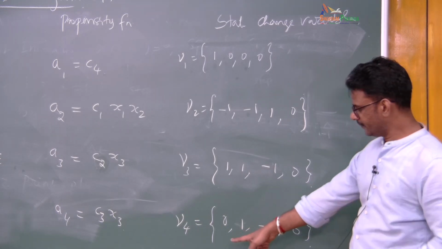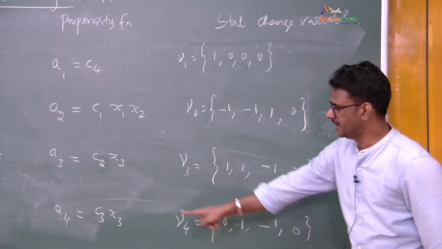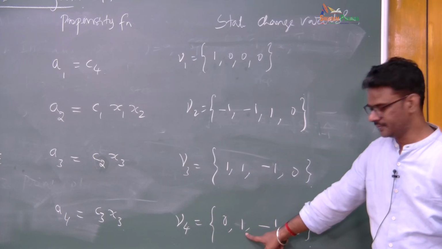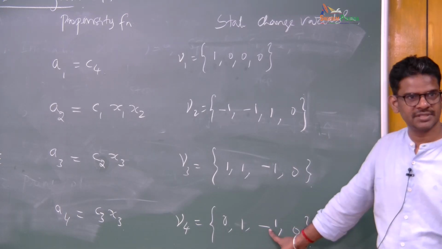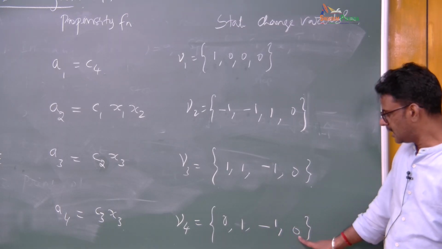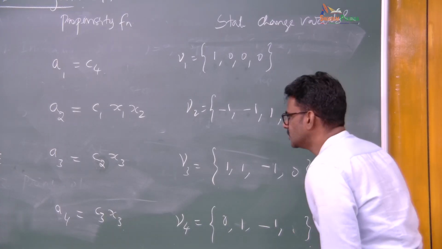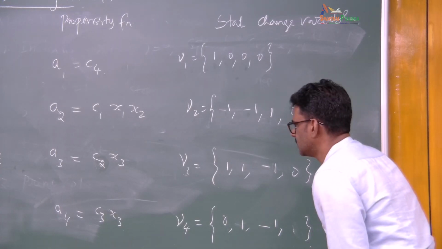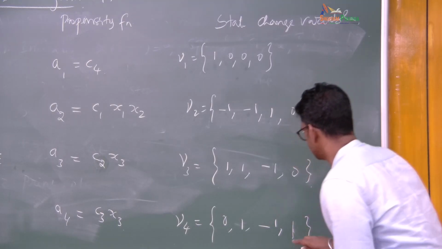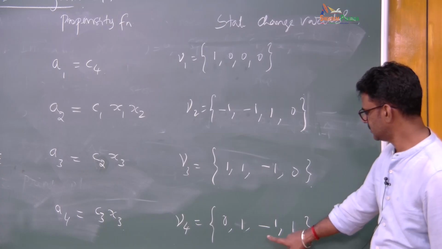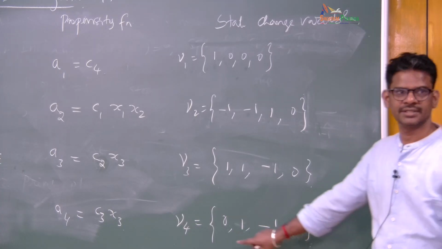The last one: S does not enter here, so 0, E is generated, C is consumed, -1, and this should be 1. I think I made a mistake here. So X should be 1. E generated, C consumed, X generated, and S is 0.